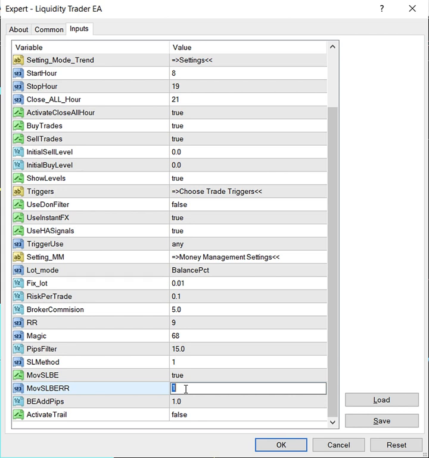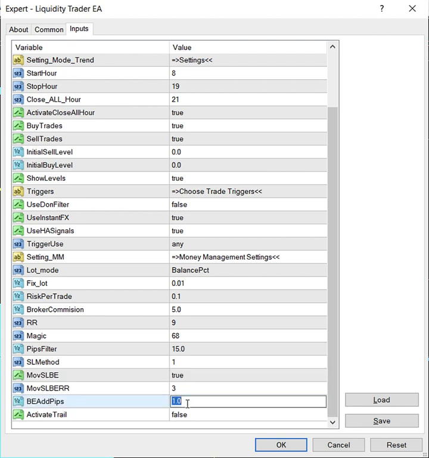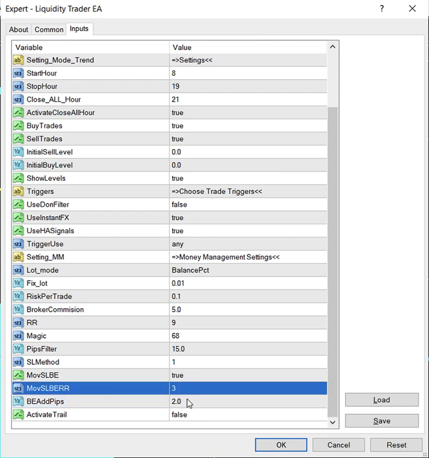So you can put 1 R. If you wanted to move the stop loss to break even after the market moved 3 times the risk, you can put 3 here, okay? Now, after moving the stop loss to break even, if you want to add some pips to the initial price, you can do it here. Because sometimes, for example, there is commission, so you want to add 1 or 2 pips just to cover the commission of the broker.